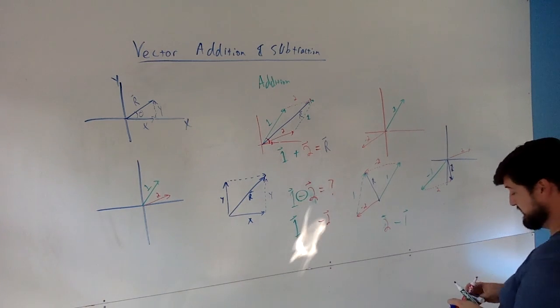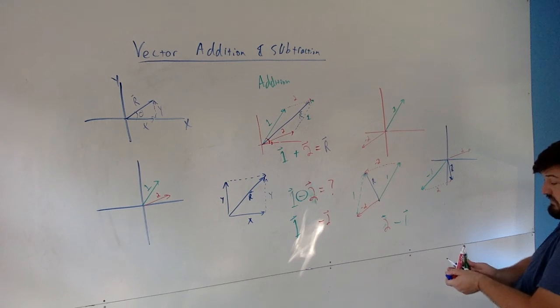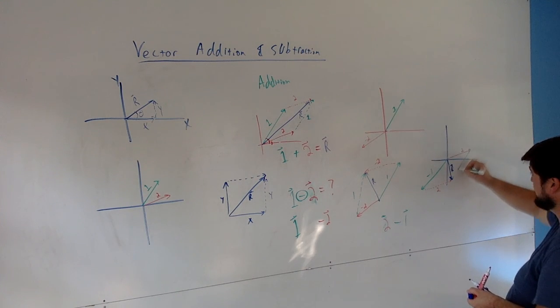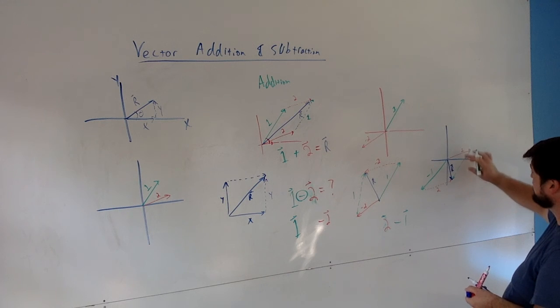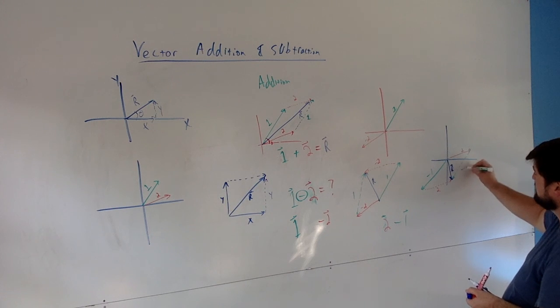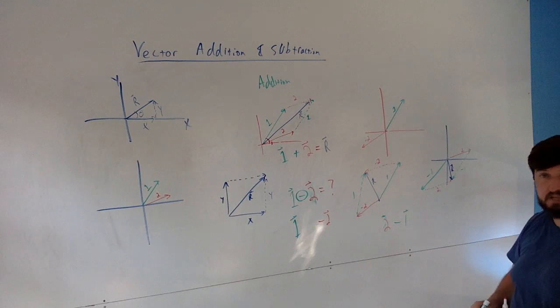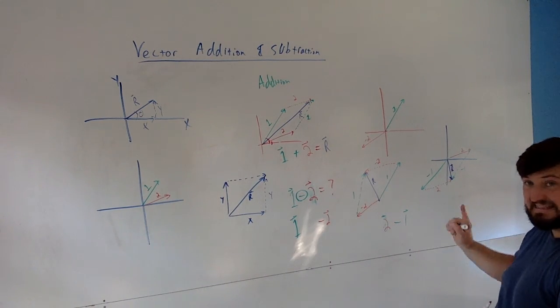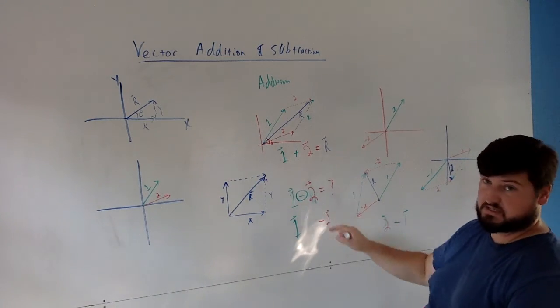And again, if I'd kept my 2 steady and moved my negative 1 vector over, you'd see I end up at the same spot. But notice, 2 minus 1 is not the same as 1 minus 2.